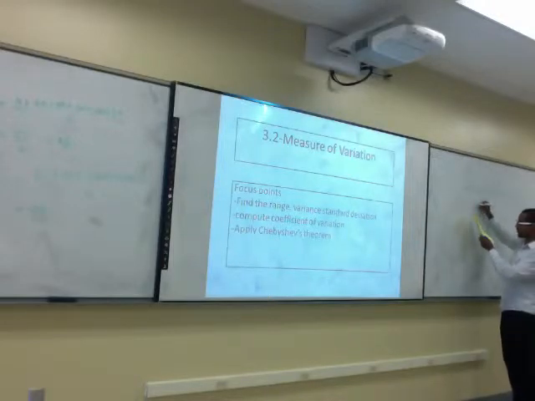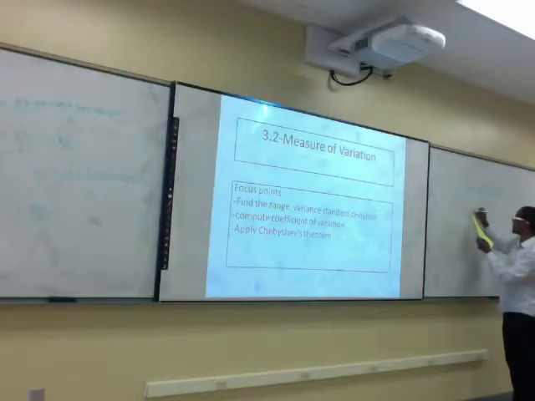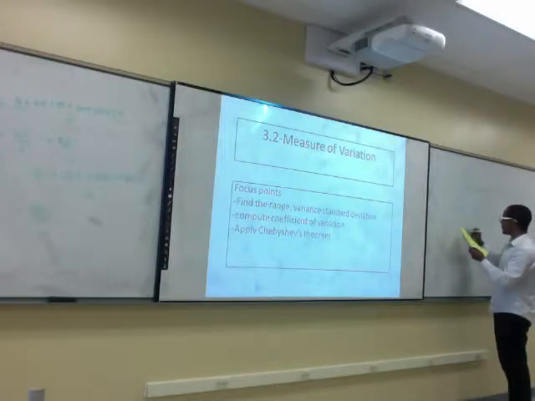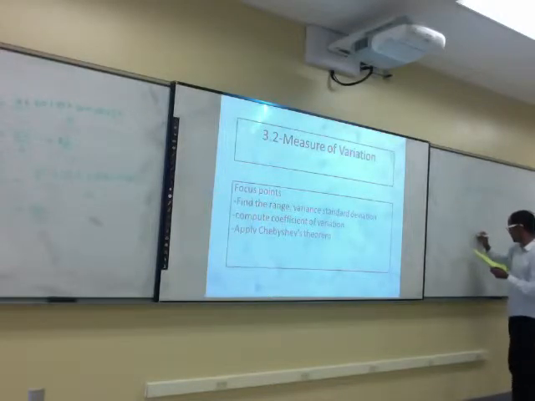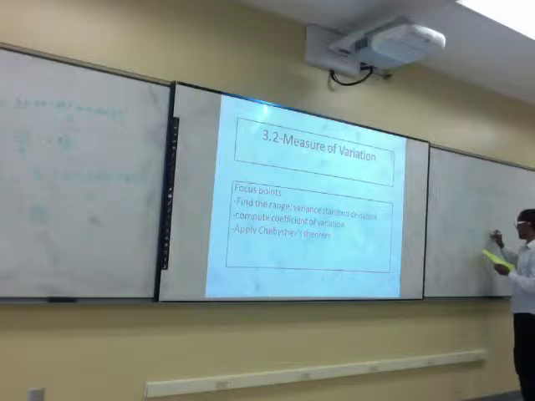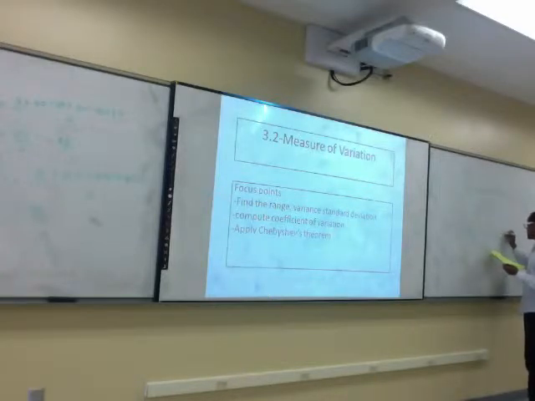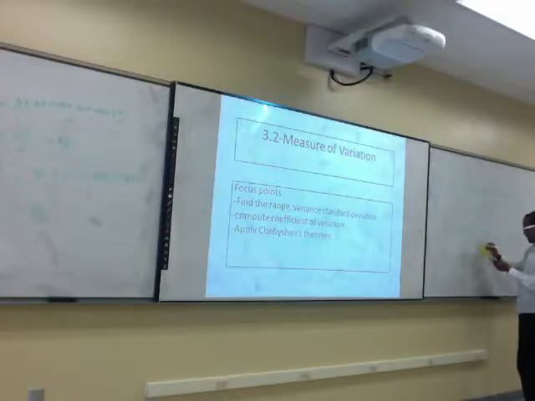So the maximum for the first paint, A, is 60 minus 10, that is 50, right? So the range for B is maximum value minus minimum value. The maximum is 45, the minimum 25. So therefore I have a range equal to 20.